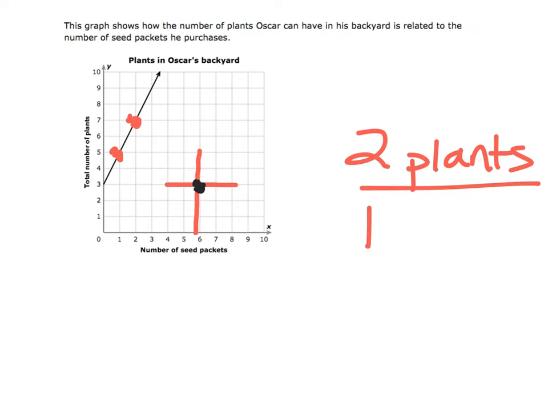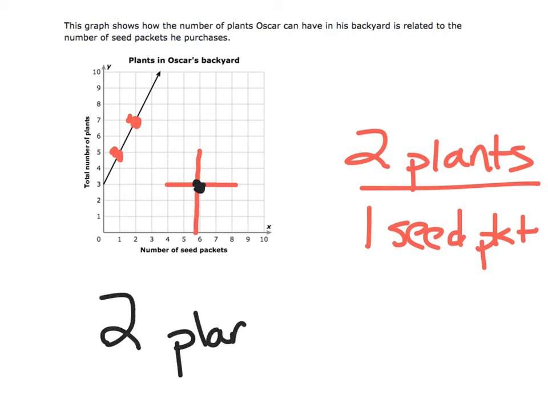So I'm going to put 1 seed packet, abbreviating packet. If I have 2 plants over 1 seed packet, that's already a unit rate. I don't have to do anything to get it to a unit rate because it's already there. So my answer would be 2 plants per packet.